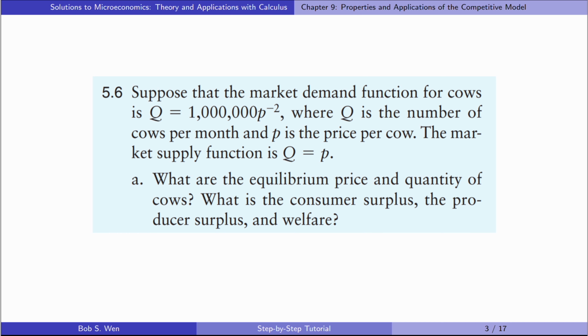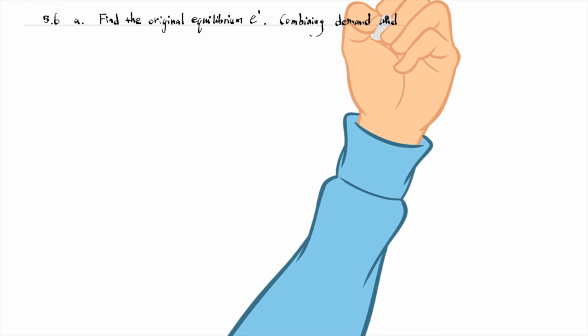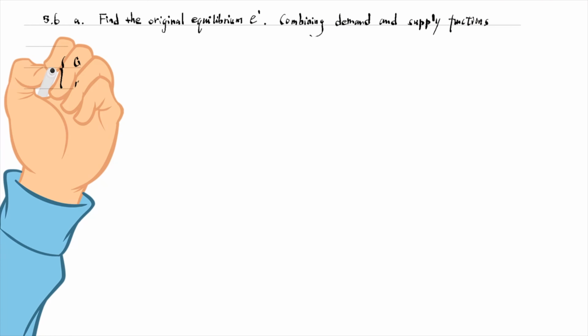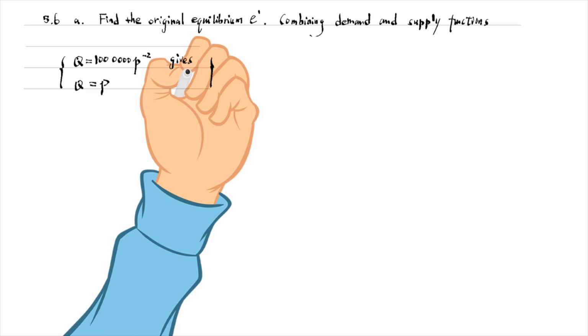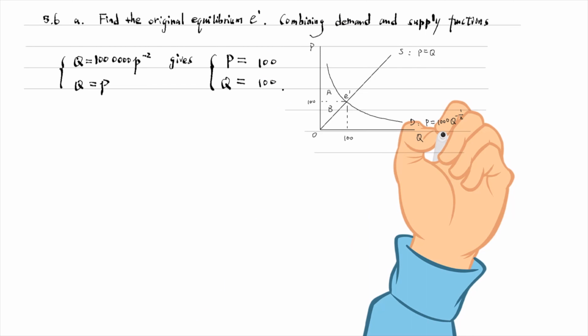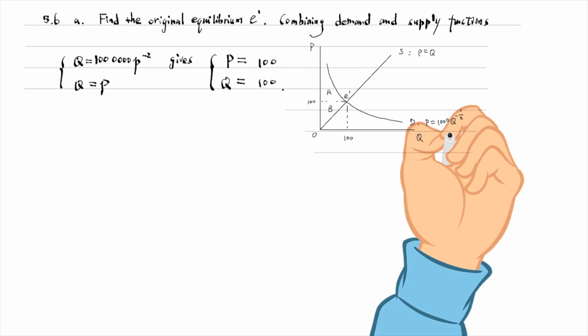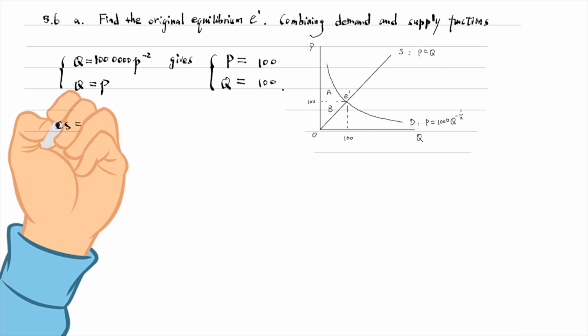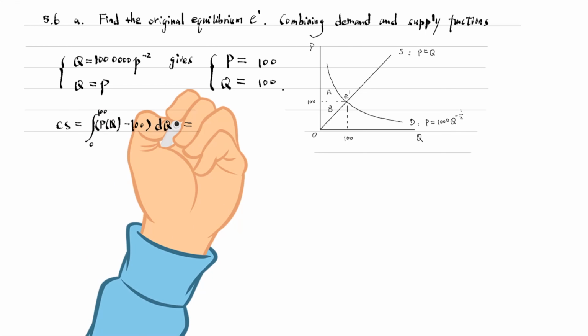We find the before subsidy equilibrium, E1. Combining the demand and supply functions gives the equilibrium price of 100 and the equilibrium quantity of 100. We draw the supply and demand curves to help solve the problem. We obtain the consumer surplus by integrating the difference between the price line and the demand curve up to the equilibrium quantity.